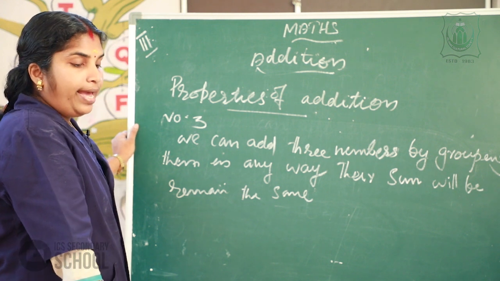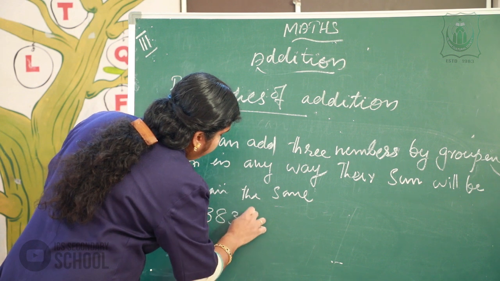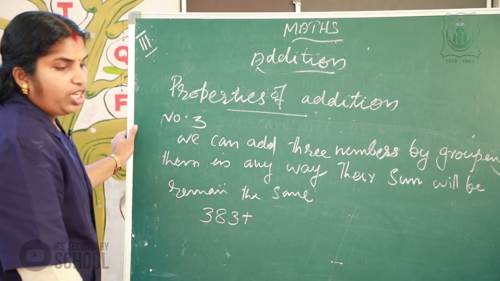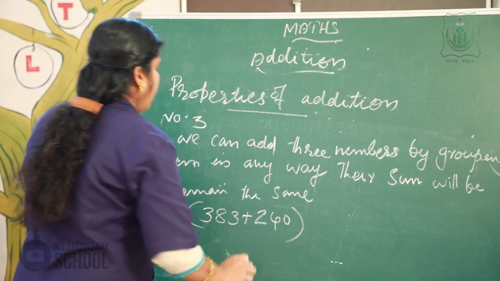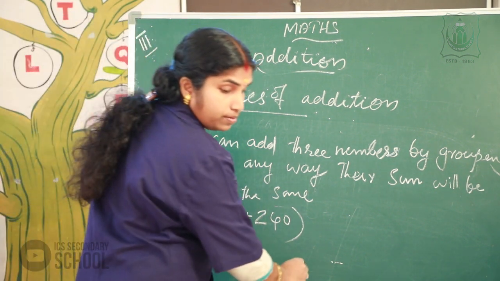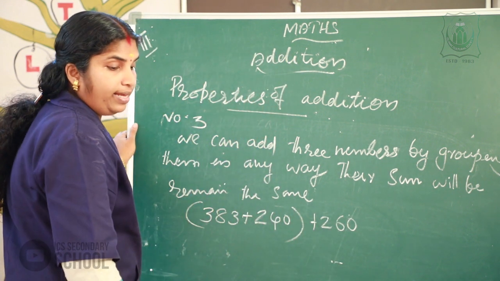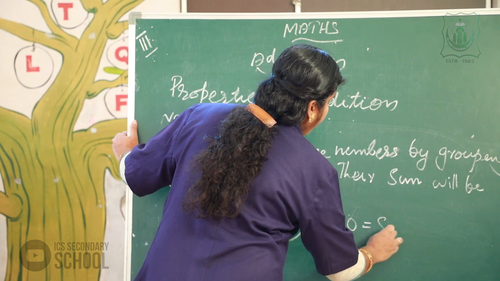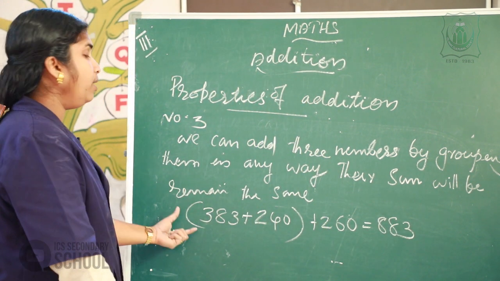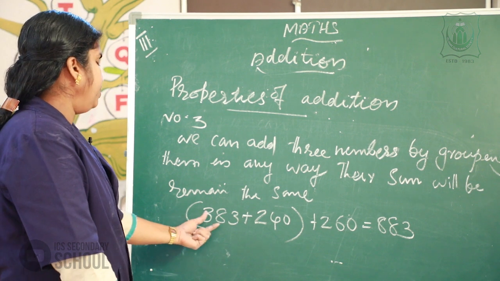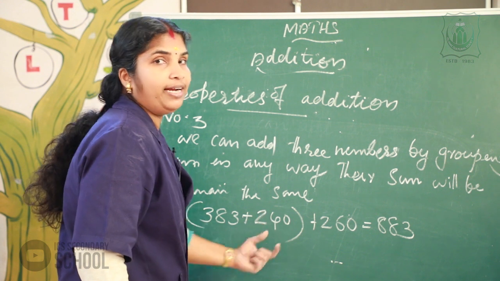Okay. Example: 383 plus 240 plus 260. We get the answer 883. Here the grouping numbers are 383 plus 240.